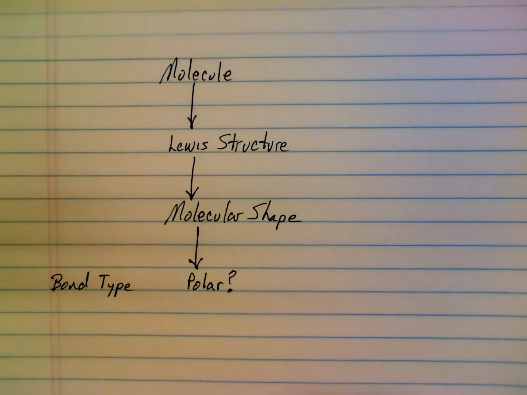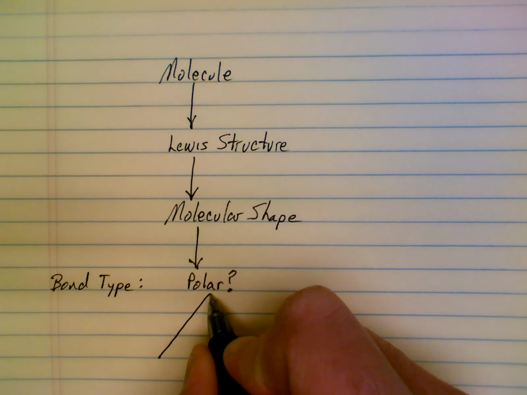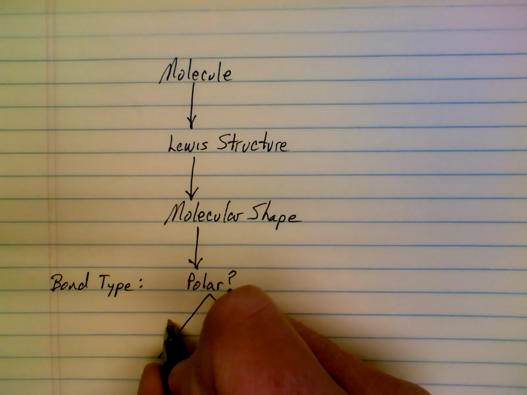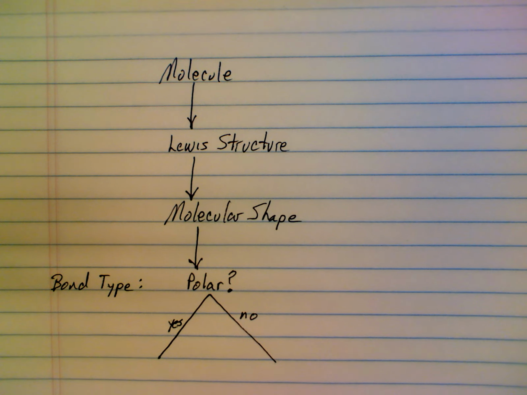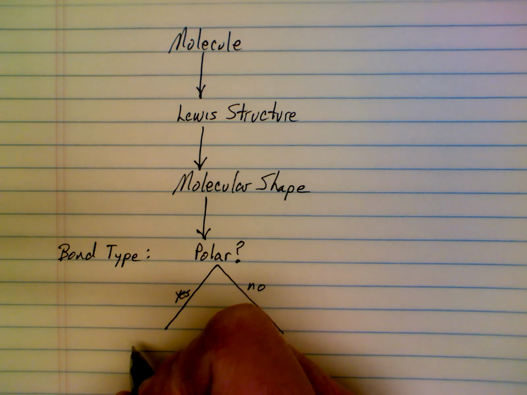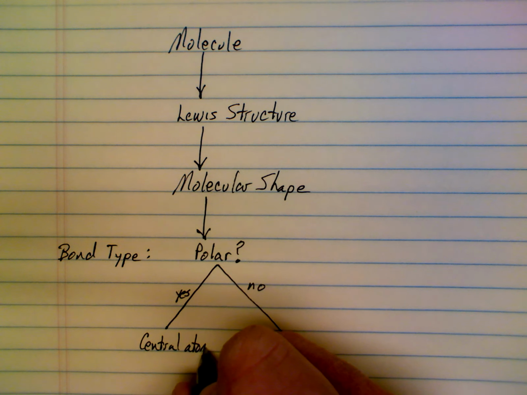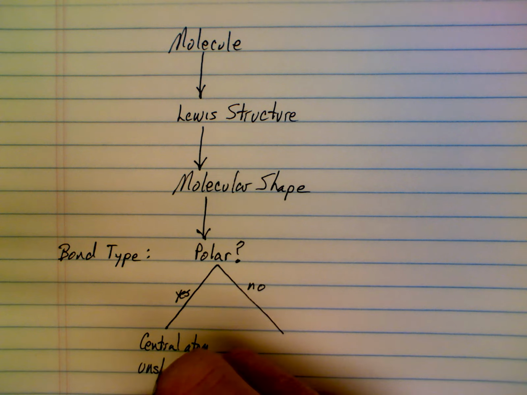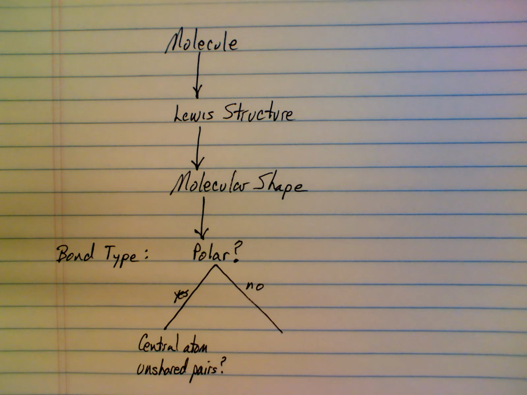If the bond type happens to be polar, then we need to look at the central atom and see if it has any unshared pairs, because if it has unshared pairs, then it's going to throw off its symmetry.